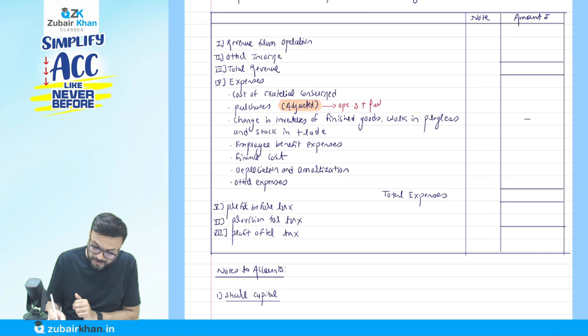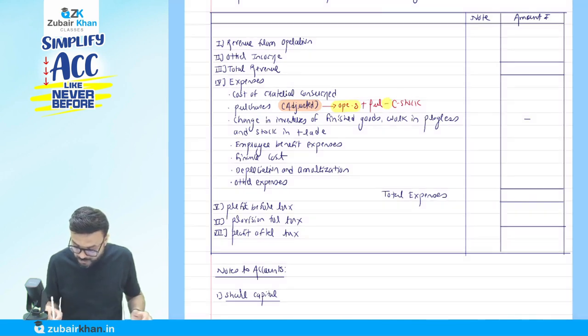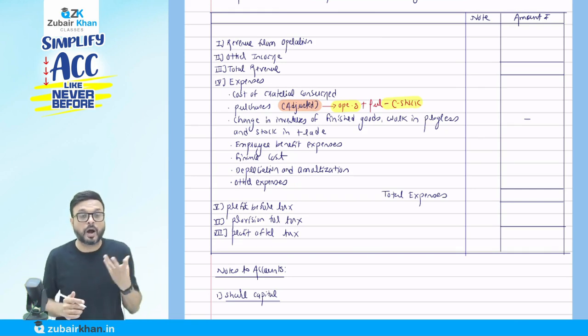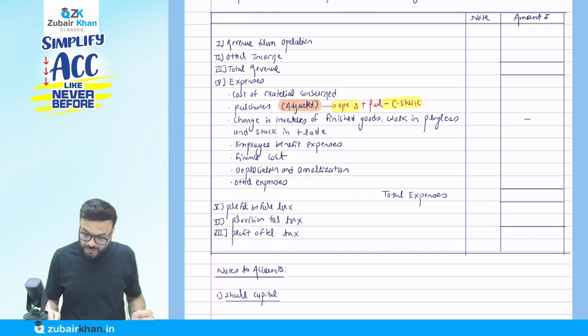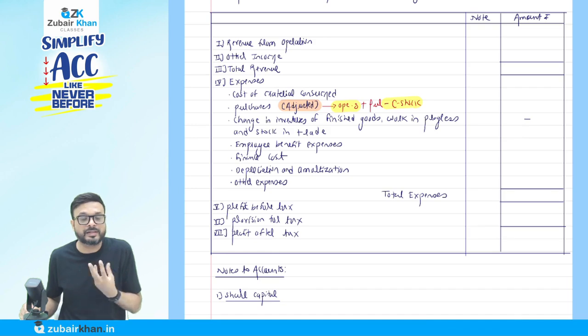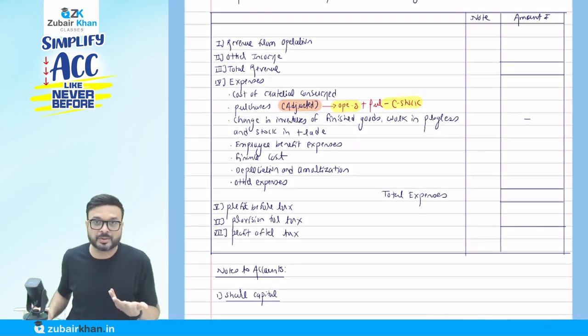So opening minus closing is already adjusted there. We know it is adjusted, but we don't know how much it is, so we cannot write it in change in inventory. We have to write it, but we cannot, because the information is not given in the question.